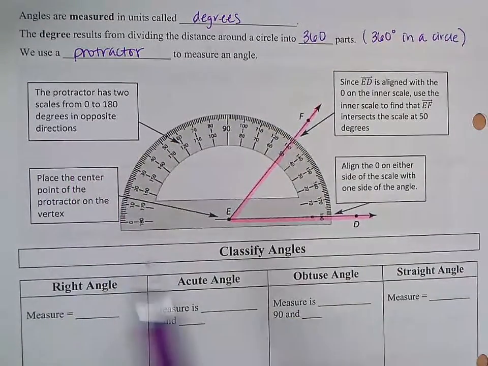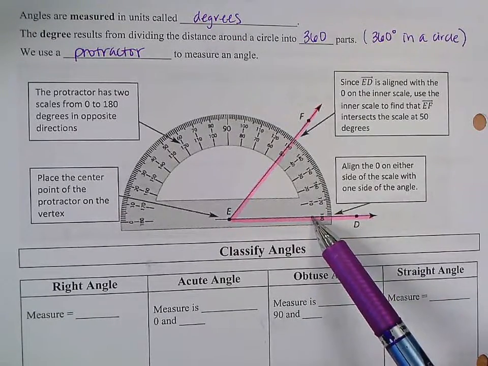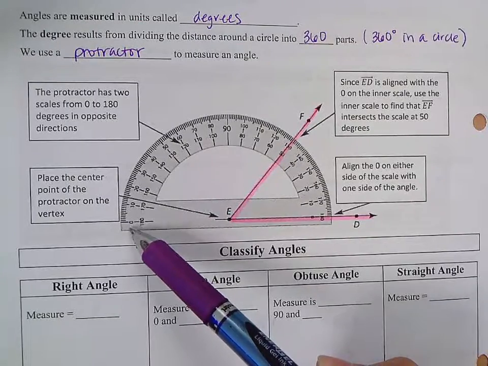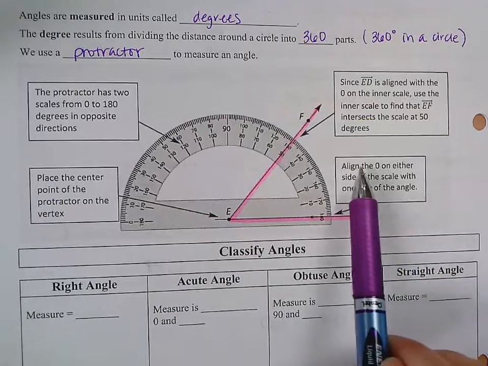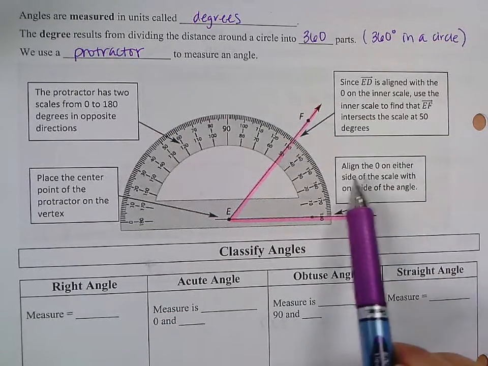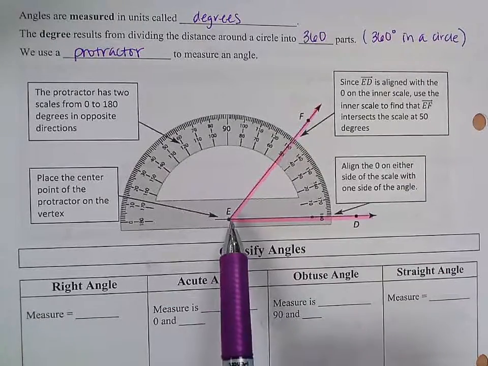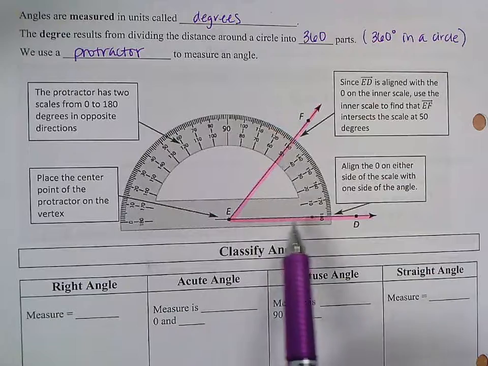And it goes in opposite directions. So you'll see like this side, the bottom, 0 starts here and it goes to 180 this way. If we go the other way, this side starts at 0 and goes to 180 the other way. So you align the 0 on either side of the scale with one side of the angle. So you want the center of the protractor at the vertex, and then you want it lined up with one of your 2 rays.